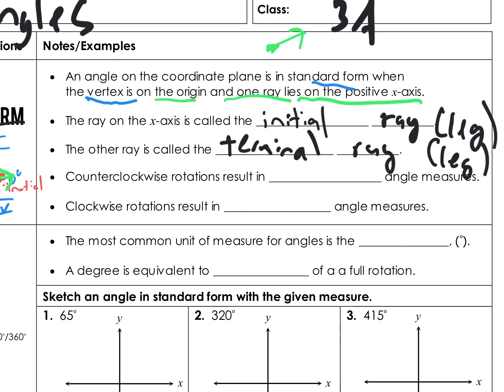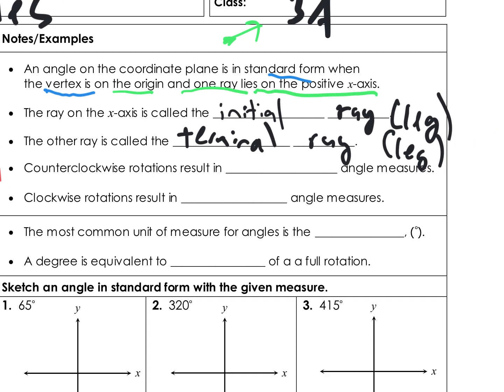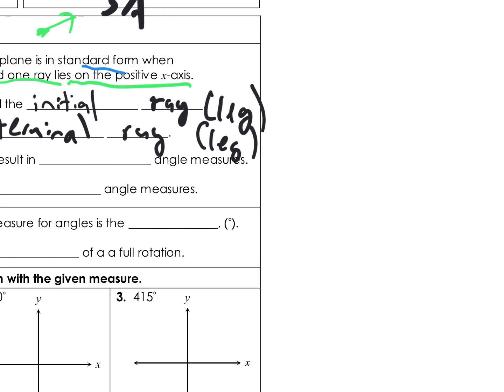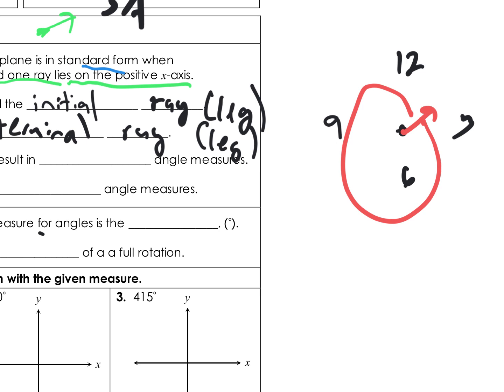But counterclockwise, I hope somebody knows that normally this was 12 o'clock and this is 6 o'clock and this was 3 and this is 9. So if you have two hands of a clock, or at least even looking at one hand, if I started here and I went this way, would that be clockwise? Yes, that's clockwise, because 12, 1, 2, 3, 4, 5.